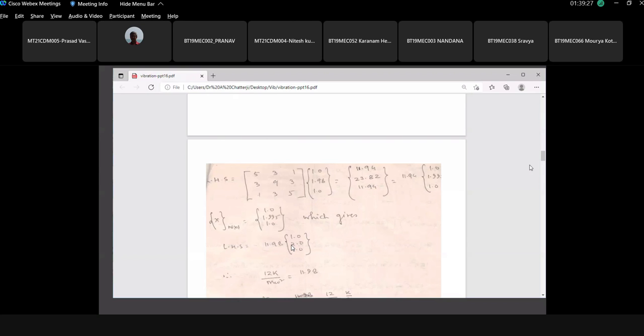If you start your iteration with M inverse K, surprisingly you will see even that is also converging. So that is also a valid iteration procedure. Nothing wrong. So then why did we not discuss M inverse K? My question, a $1 million question. Who will answer it? Let me see.